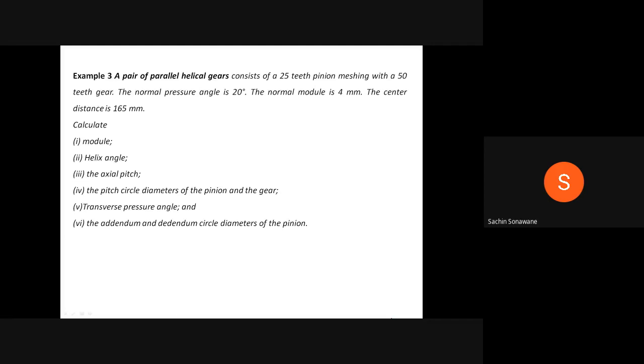Okay, I think you have written the problem. Now we will solve the problem. Solution. First of all, given quantities.